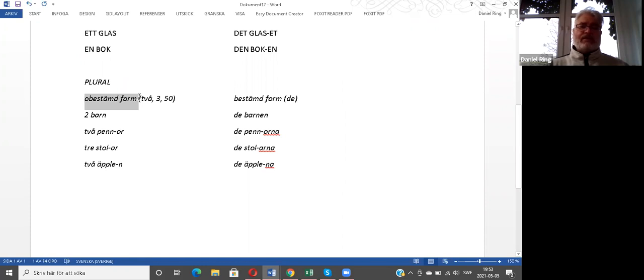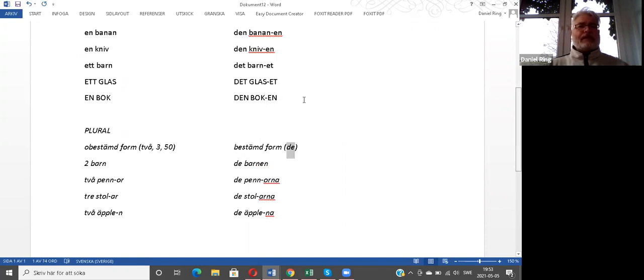We have the general or undecisive form or the decisive form. Here we don't deal with articles, but we use numbers, 2, 3, 50. And in the decisive form, we use simply det. I scroll up a bit so we can compare now. Ett barn, det barnet in singular, a child, that child. How many children do you have?